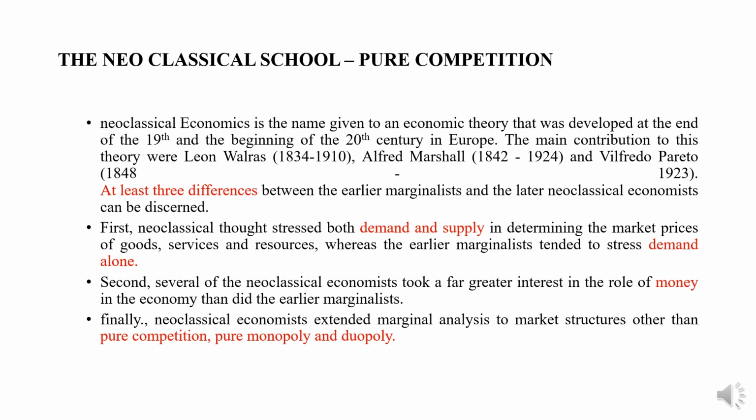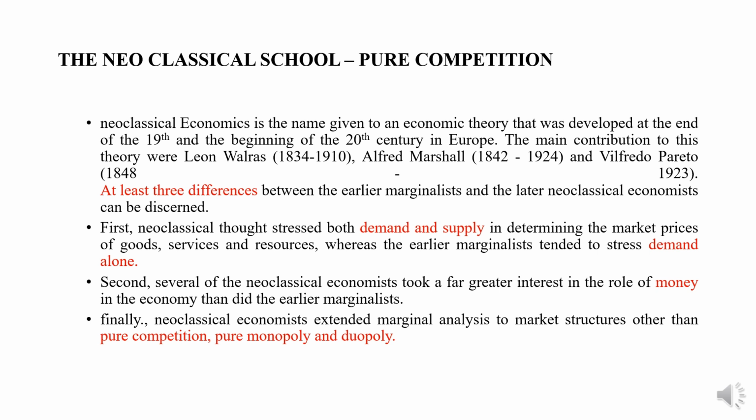The first one is that neoclassical thought stressed both the demand side as well as the supply side in determining the market prices of goods and services as well as resources, whereas the earlier marginalists tended to stress the demand side alone.